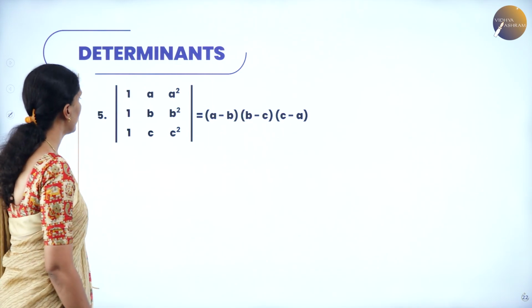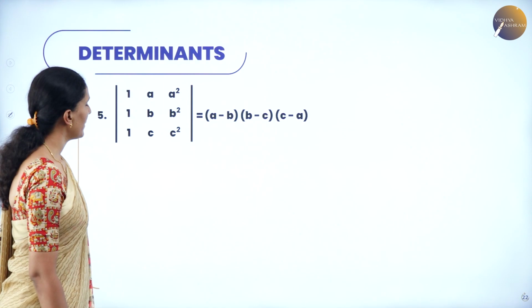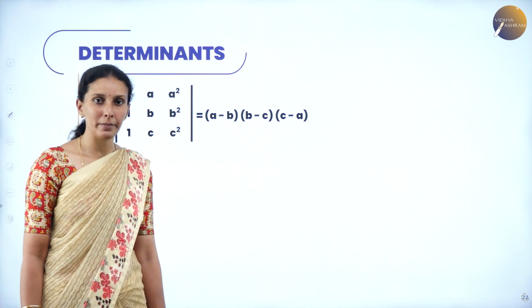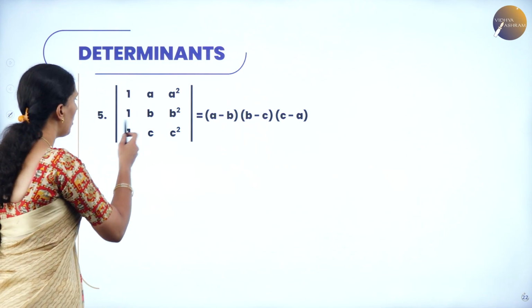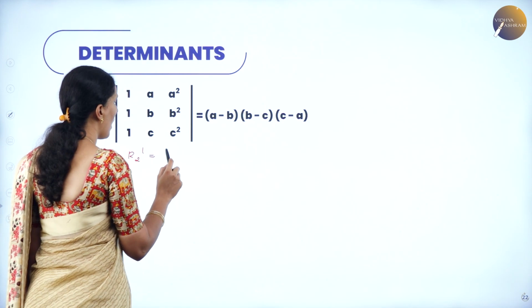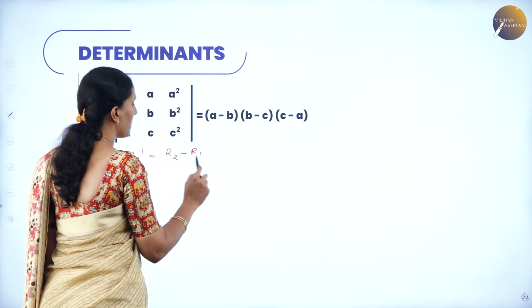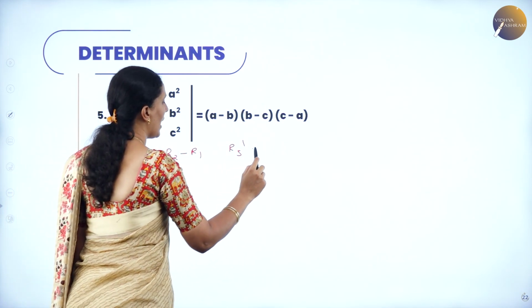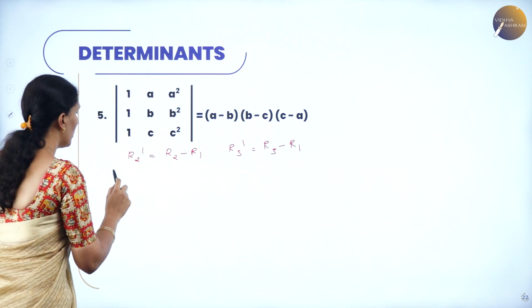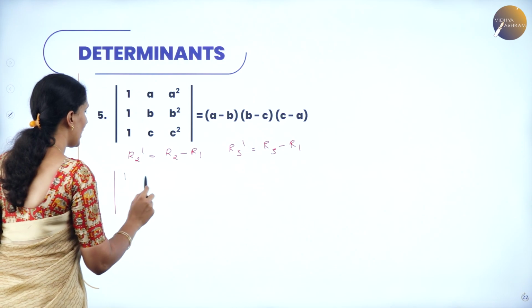Now next one is 1 1 1, a b c, a square b square c square. We have to show that it equals a minus b into b minus c into c minus a. Now let me take R2 dash as R2 minus R1 and R3 dash as R3 minus R1. So let me write the first row as it is.